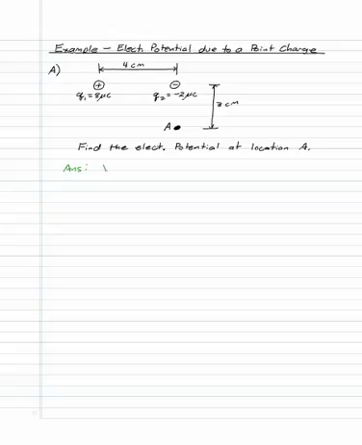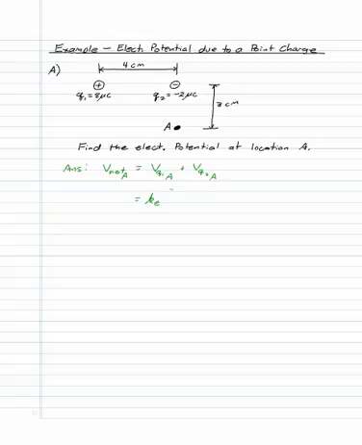Currently there is no charge there, and we want to find the electric potential at that location A. So to do that, just recognizing that the net electric potential, or the net voltage, at point A is equal to the potential created by charge 1 at point A and the potential by Q2, again at point A. To calculate those two individual potentials, we have the point charge equation for electric potential.